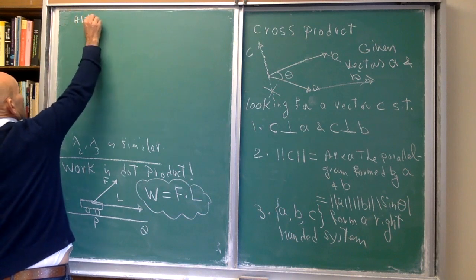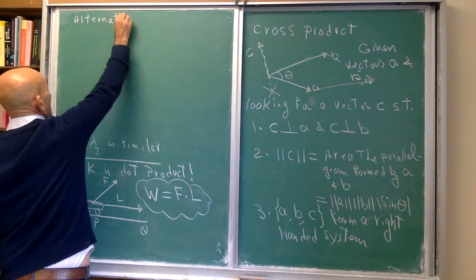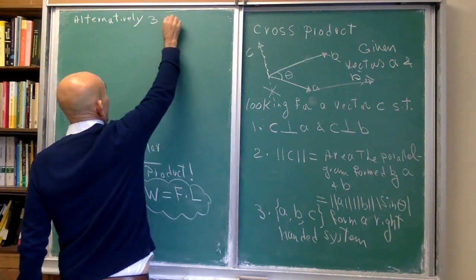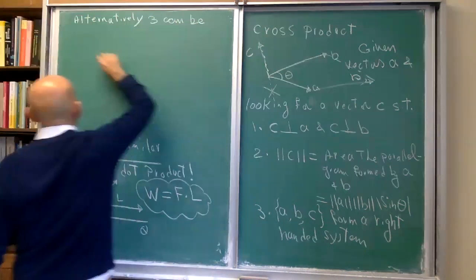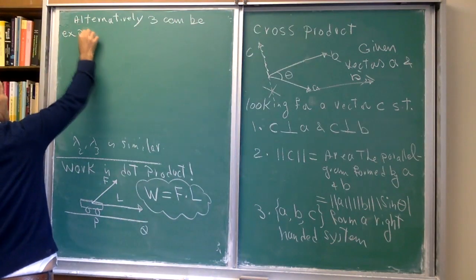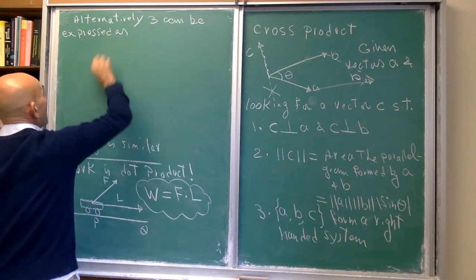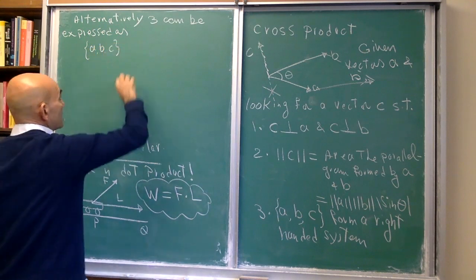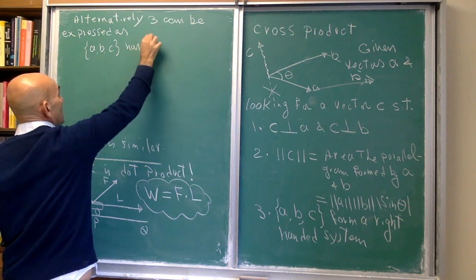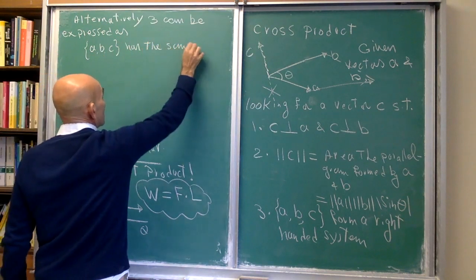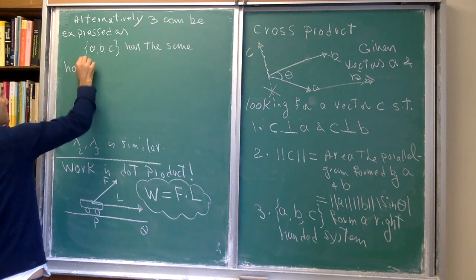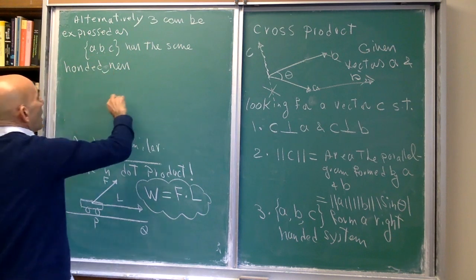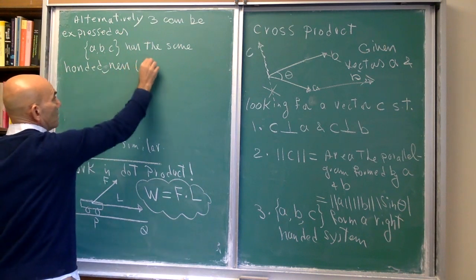Alternatively, it can be expressed as: we just say A, B, C has the same handedness, same word, handedness or orientation.